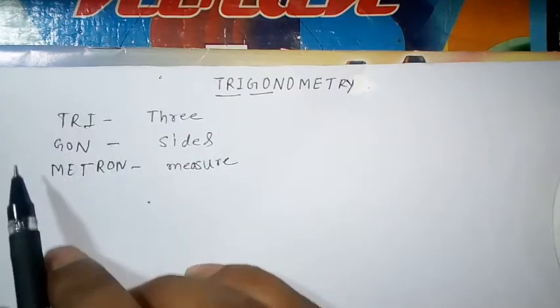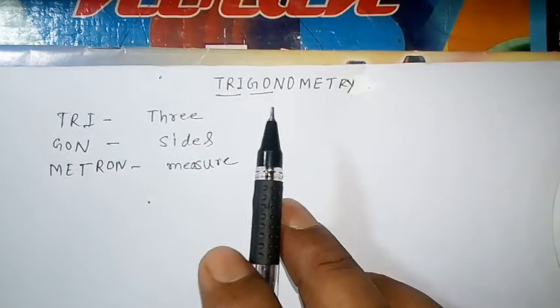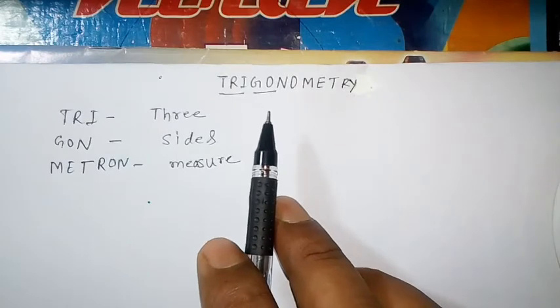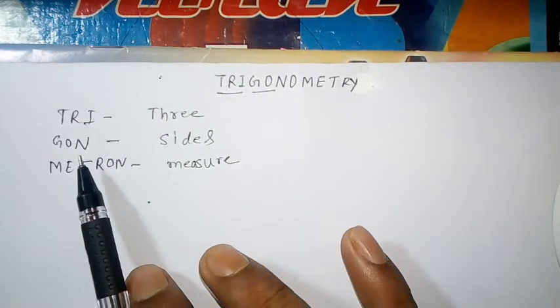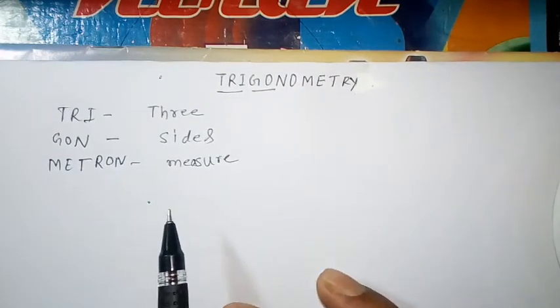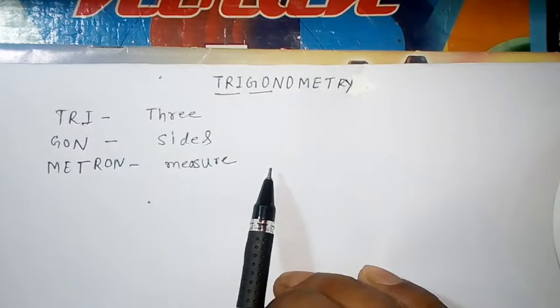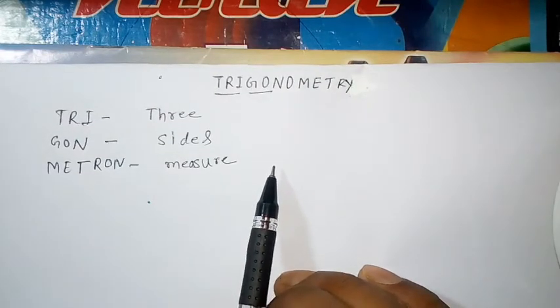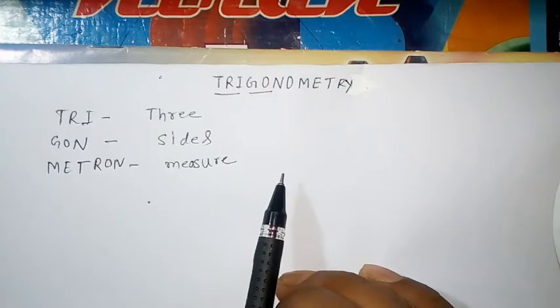According to this Greek word, tri, gon and metron, the definition of trigonometry is: trigonometry is a branch of mathematics that studies the relationship between the sides and angles of triangles.